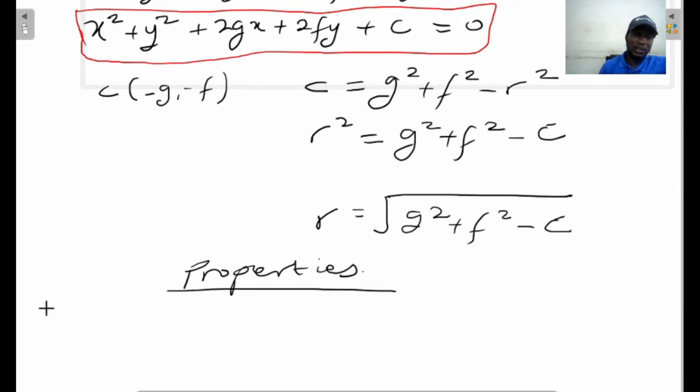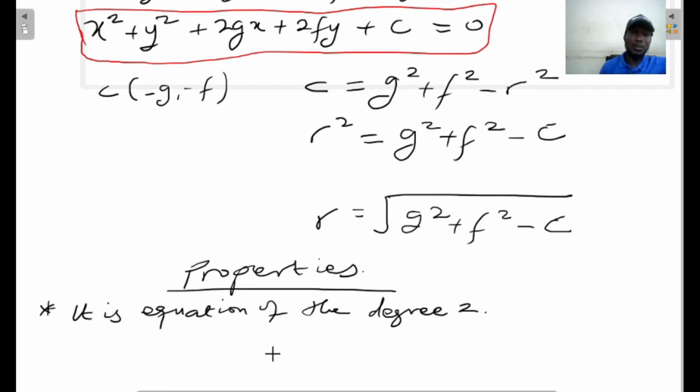These properties are: number one, the highest degree of the equation of a circle is 2. That means the highest exponent of x and y is 2, so the equation is of the second degree.